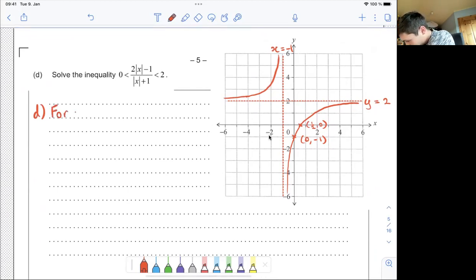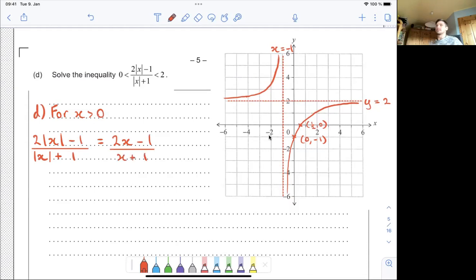for x greater than 0, our expression here, 2 multiplied by the x minus 1 over the absolute value of x, sorry, not brackets, absolute value, plus 1, is just going to equal effectively f(x), which was (2x minus 1) over (x plus 1).